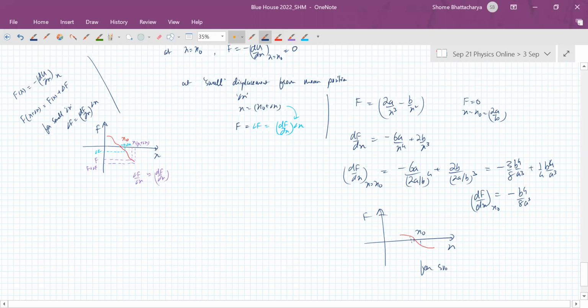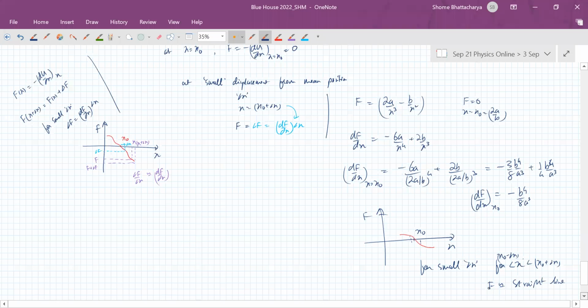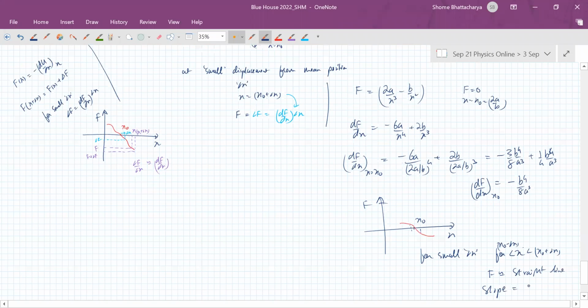So for small delta x, for x between x0 plus delta x and x0 minus delta x, f can be approximated as a straight line with slope equal to minus b to the power 4 by 8 a cube.